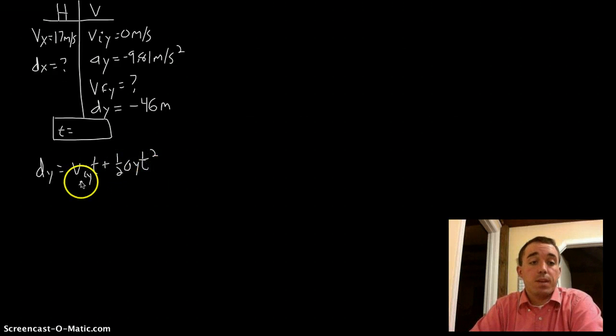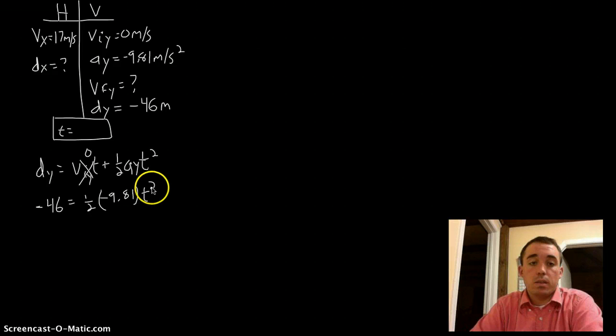VI is 0, so that whole term cancels. Plugging in, negative 46 equals 1/2 times negative 9.81 times t squared.